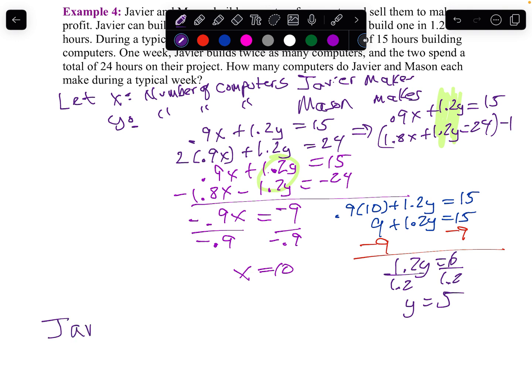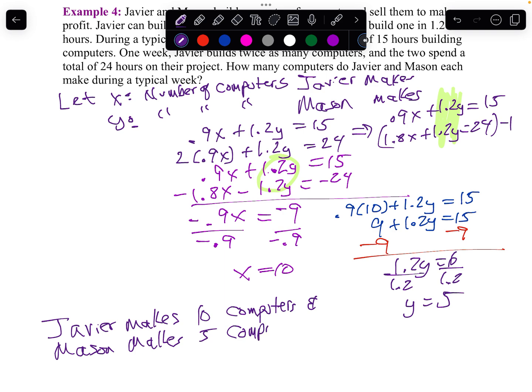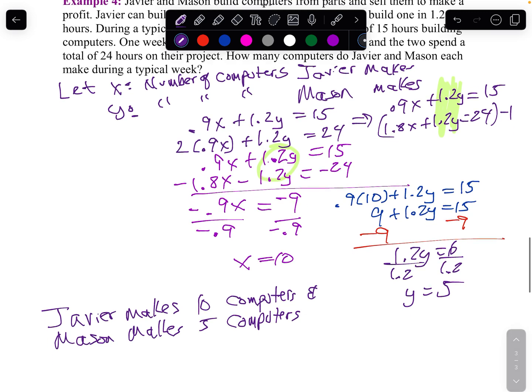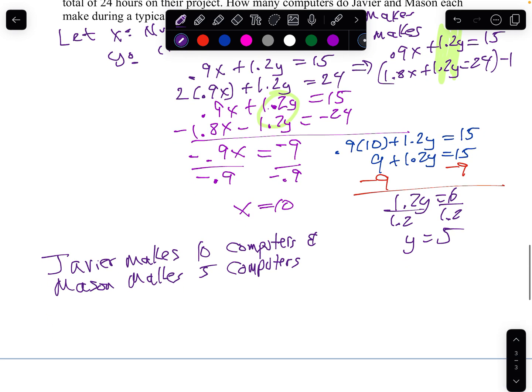So Javier makes 10 computers and Mason makes 5 computers each week. And there we have it.